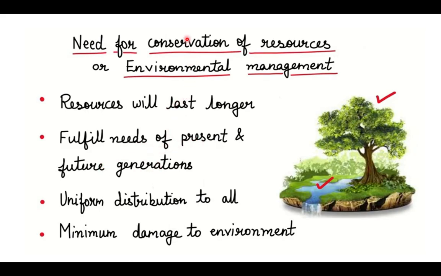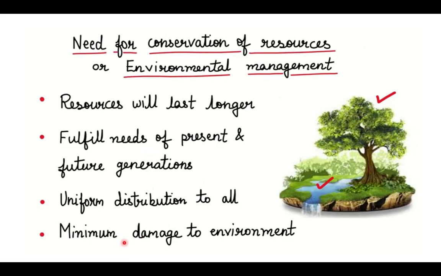Why is this conservation to be done? The resources have to be available for a long period of time, and they have to fulfill the needs of the present generation as well as the future generation. So conservation is necessary for the uniform distribution of resources to everybody.